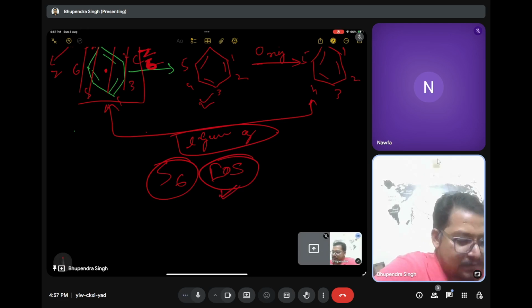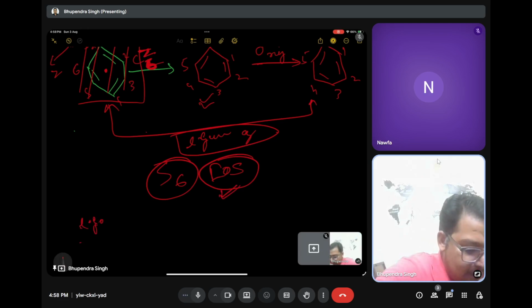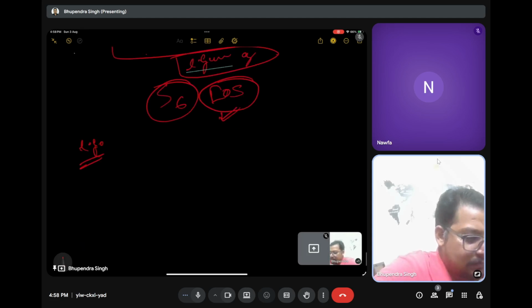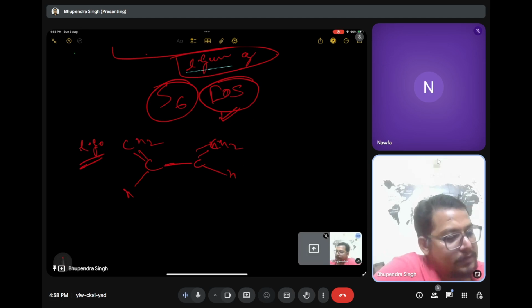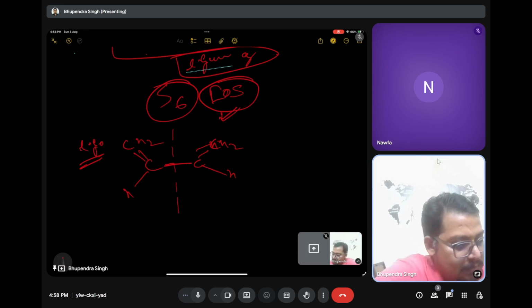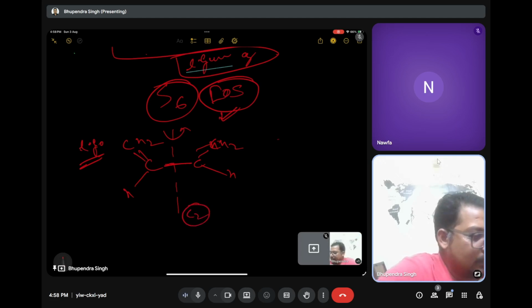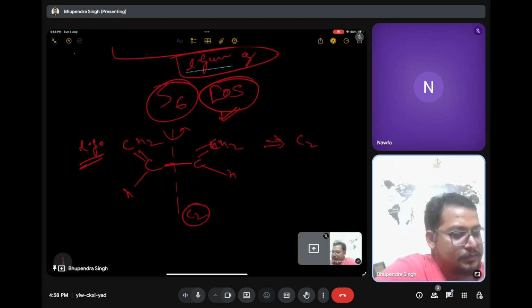Next example is this one: CH2, CH, H, CH2. If you look closely, what symmetry elements are present? This C2 is present.